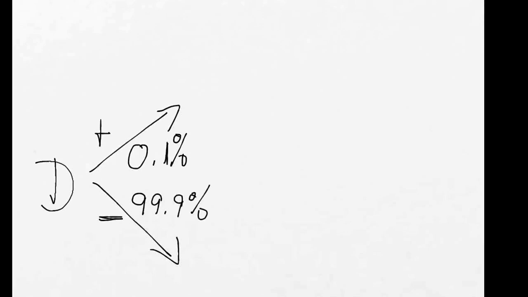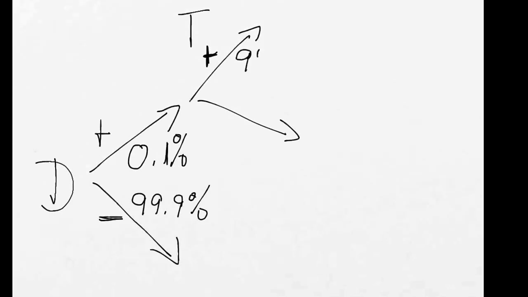Now, if you have the disease, the test has an accuracy of 95%. So we can say, good. We have here our test. And the test is positive in 95%.